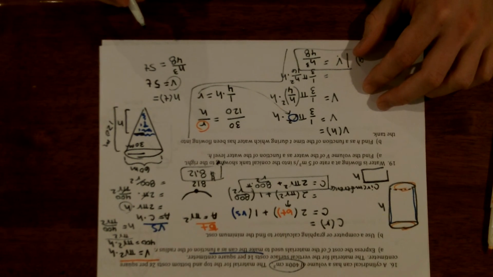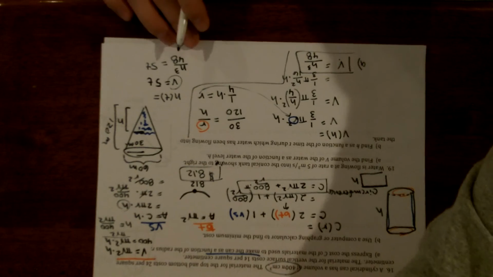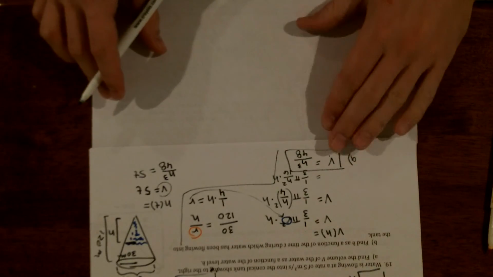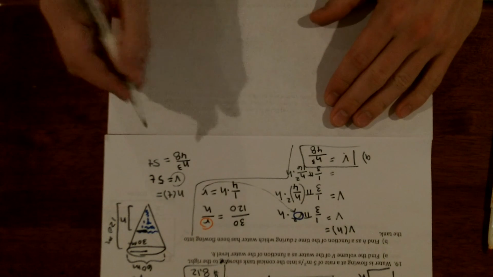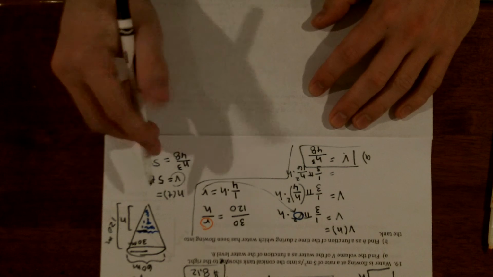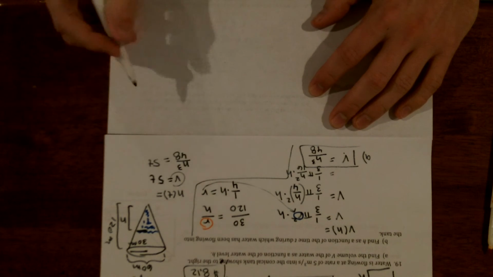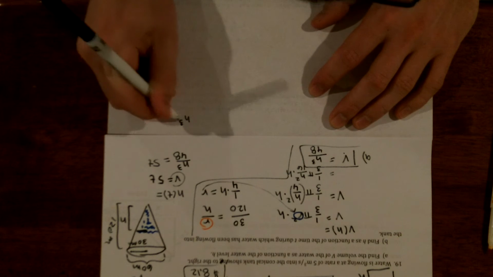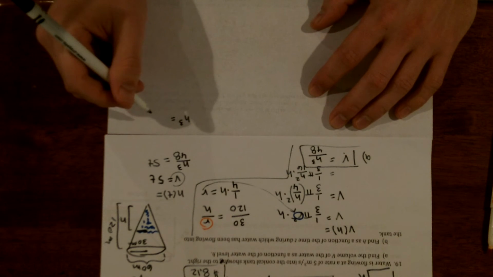Okay? And I'm just going to pull another sheet of paper here since we need a little bit more room. So if h cubed over 48 equals 5t, and I want to know h of t, I want to find what h equals. So I'm going to multiply by 48 to the other side. So h cubed equals 5 times 48.